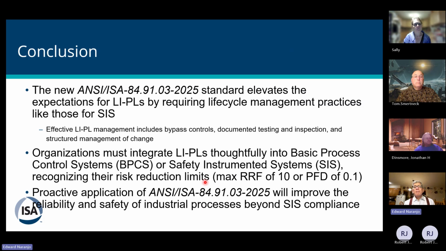I would say that as we propagate ISA 84.91.03, we're going to raise expectations among end users that they need to apply lifecycle management practices to things that they had not considered as subject to those practices before. And again, we can look at bypass controls, document management, management of change, testing and inspection, all fall under this standard on the use of LIPL.